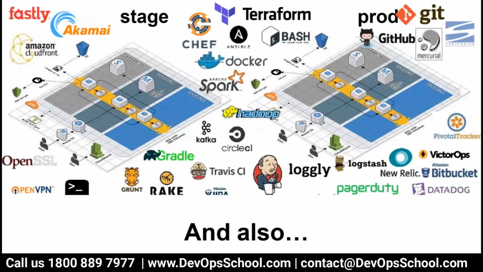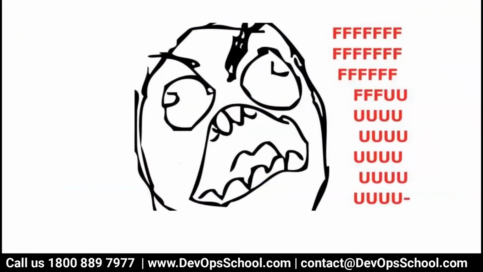You are using Git, GitHub, Bitbucket, Datadog, PagerDuty, Dynatrace, Splunk, New Relic, Logstash, Jenkins, Maven, Gradle, OpenSSL, OpenVPN, Akamai, Amazon CloudFront, so many tools. This is the reality of the day.